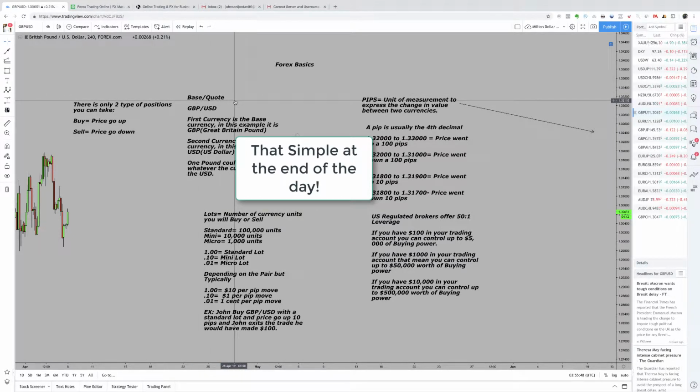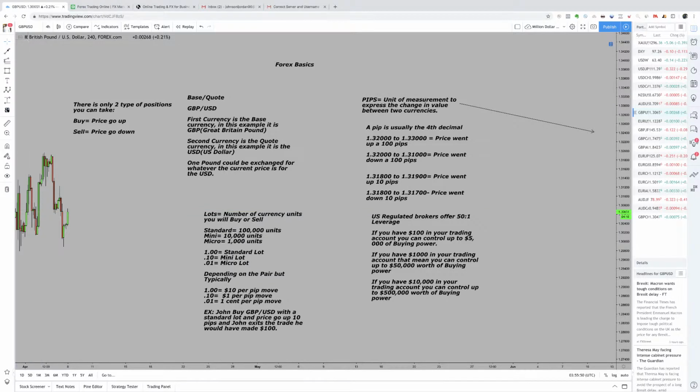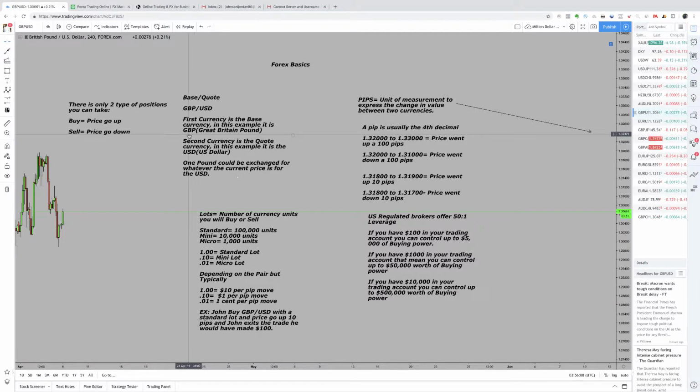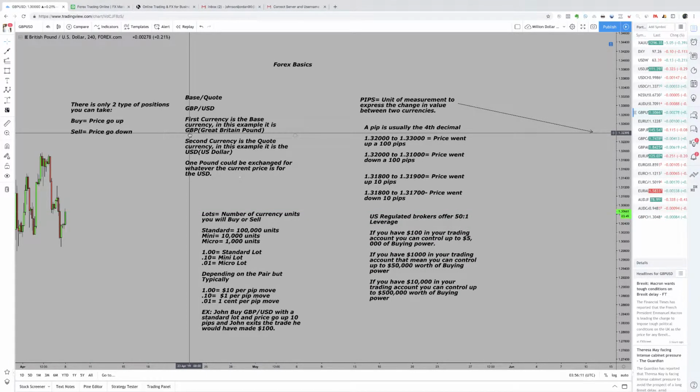When you are looking at a currency pair, for example, we're looking at the GBP versus the USD, which is the Great Britain pound versus the US dollar. The first currency is always going to be the base pair. So in this example of GBP versus the USD, the Great Britain pound is your base pair.